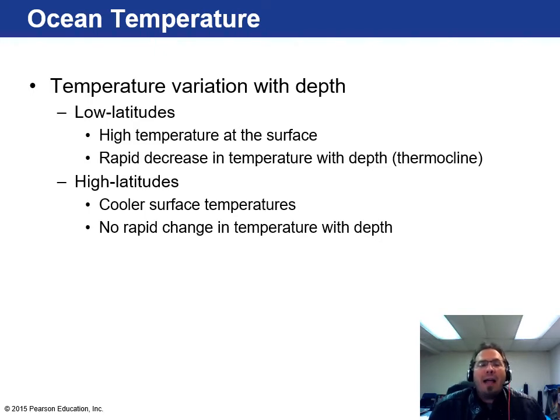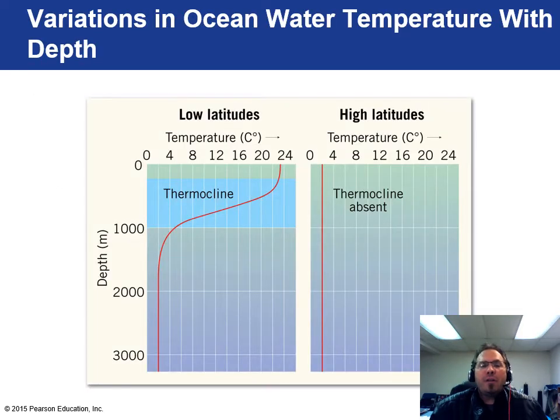Now at the high latitudes, you don't have that phenomenon because the surface water is already cold, so it's cold all the way down. So, that's just something you have to deal with. If you have cold surface temperature, you don't get that phenomenon. You can see that in this graph.